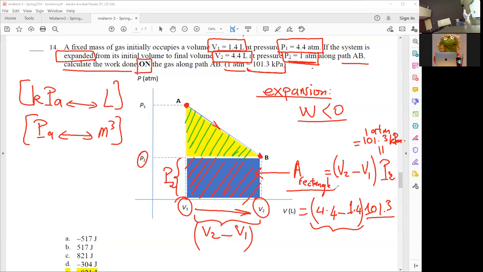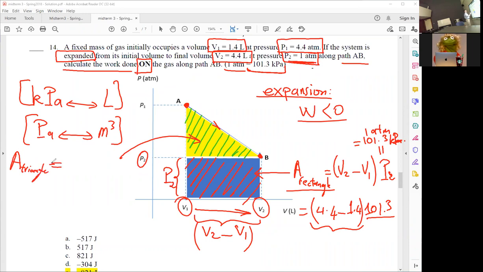Now, how about the area for the triangle? For the triangle, remember, it's a half. Okay, the area is 1/2. Let's call it area triangle, A triangle.